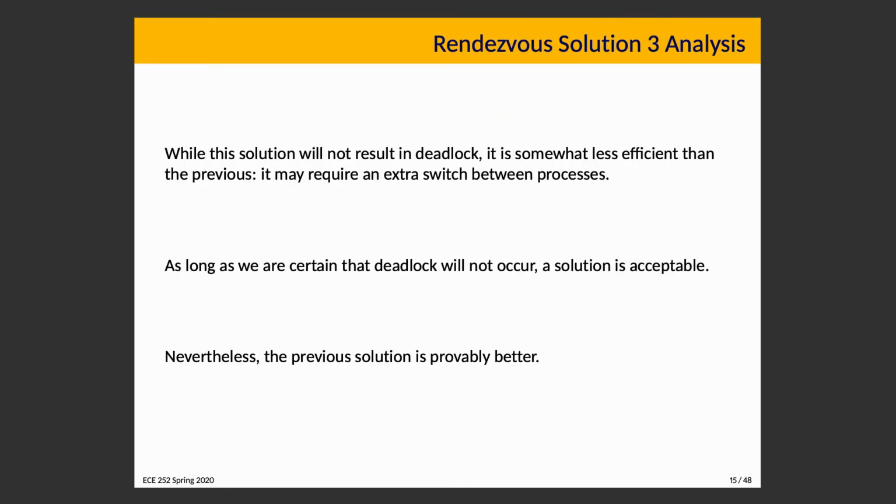Okay. As long as you're sure that deadlock doesn't occur and the objective is achieved, so it does provide the rendezvous behavior that we're looking for, then in this course, I consider a solution to be acceptable. It does not have to be an optimal solution, it just has to be a correct solution, and that is okay.